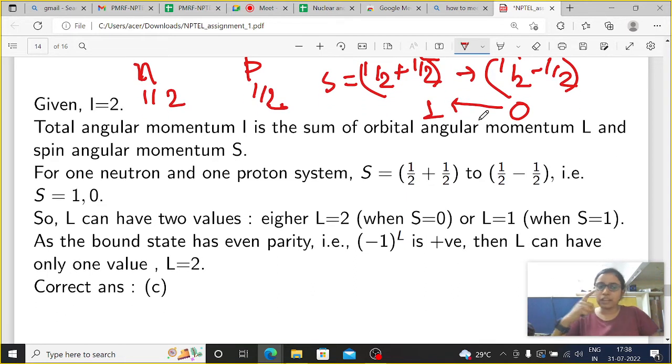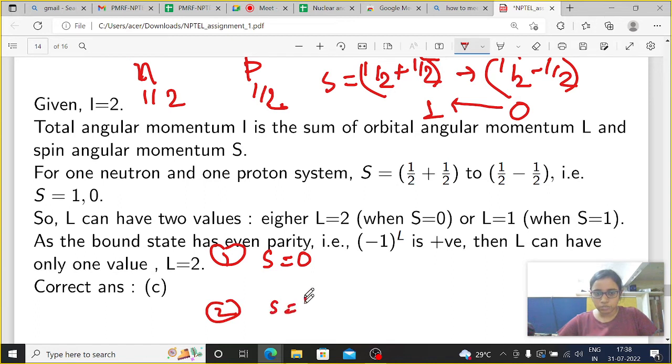If the value of S is 0 or 1, there are two options. One option is S equals 0, and the second option is S equals 1. If S equals 0, we already have I equals 2, so L is obviously 2, otherwise there will be no addition.